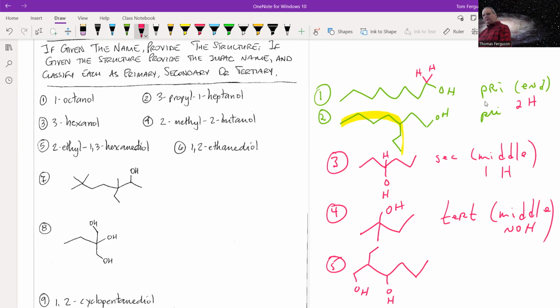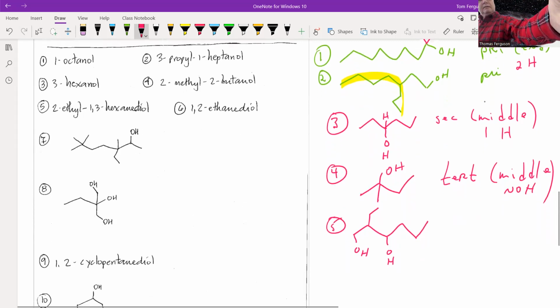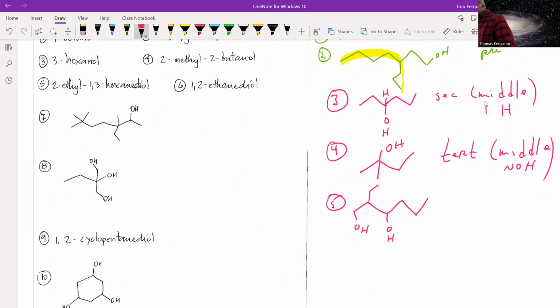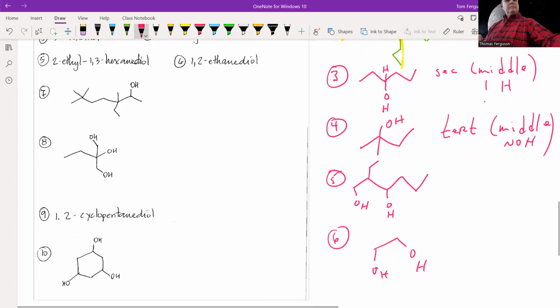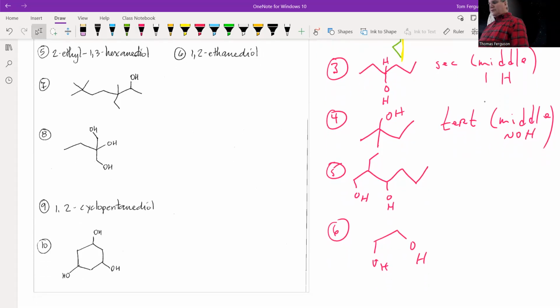So that would be 2-ethyl 1,3-hexane diol. 1,2-ethane diol, 2 carbons long. Okay, so here's a structure. Let's name it.